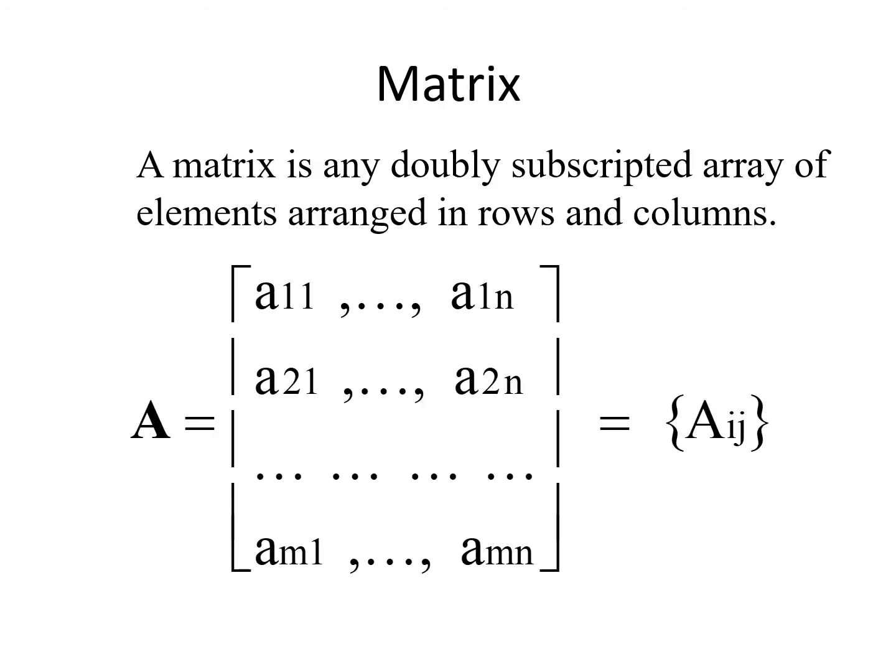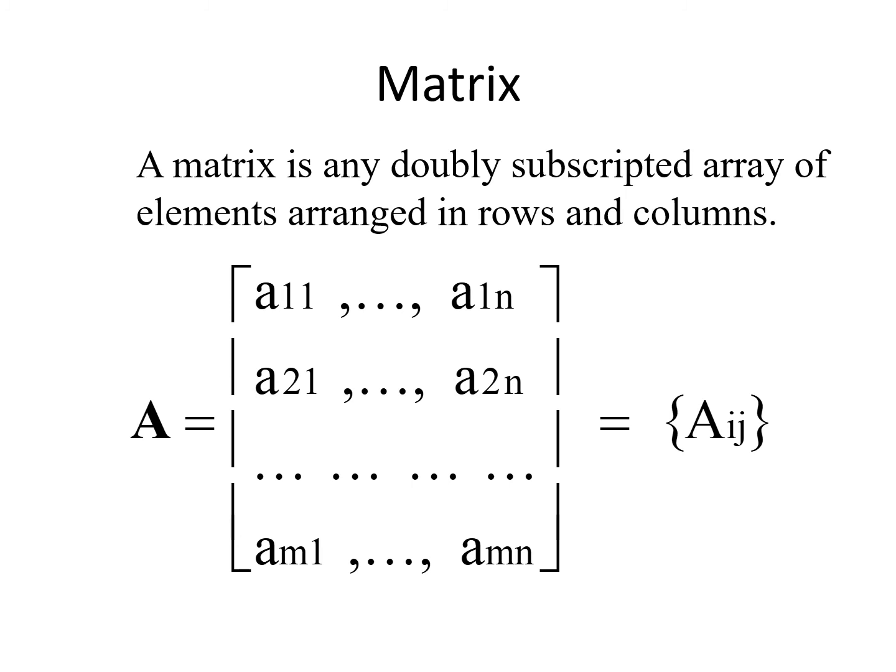So what is a matrix? A matrix is an array of elements arranged in rows and columns, and it may be denoted by a subscript ij, where i is the row number and j is the column number. In short notation, a matrix may be written as curly brackets a_ij, or as a square bracket with a11, a12 up to a1n, the second row a21 up to a2n, and similarly am1 up to amn.